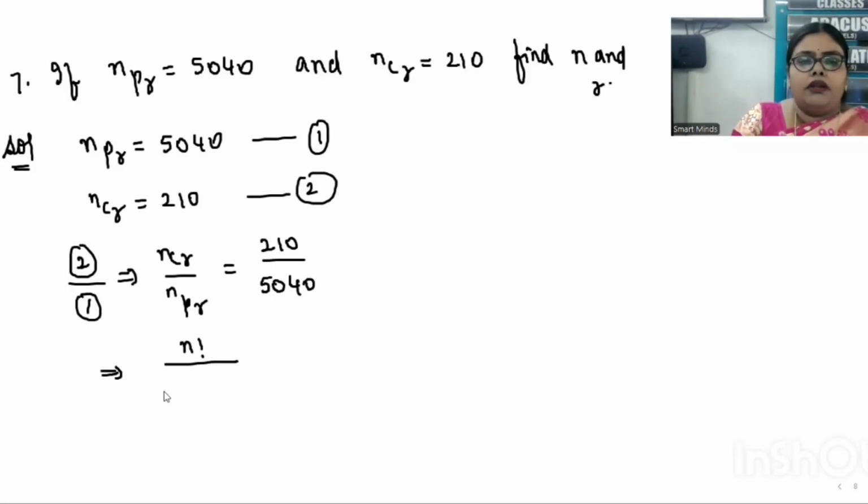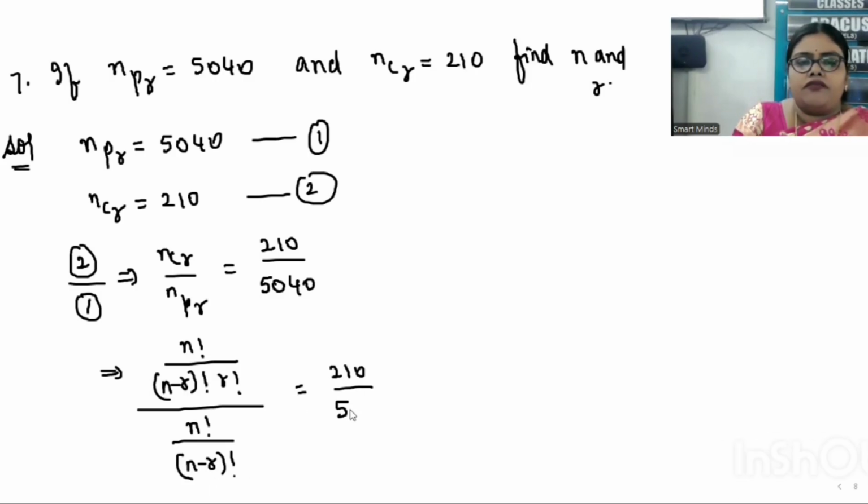n factorial by (n minus r) factorial into r factorial, divided by n factorial by (n minus r) factorial, equals 210 by 5040. The zeros get cancelled. 3 sevens are 21, 3 ones are 3, 3 sixes are 18, and 3 eights are 24.